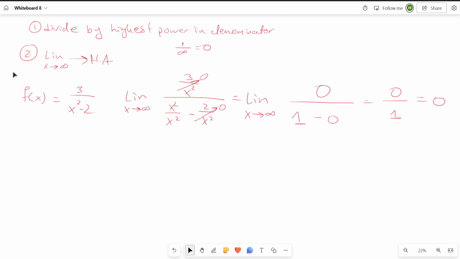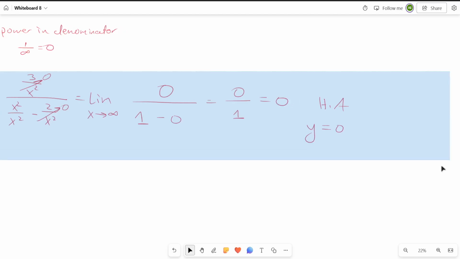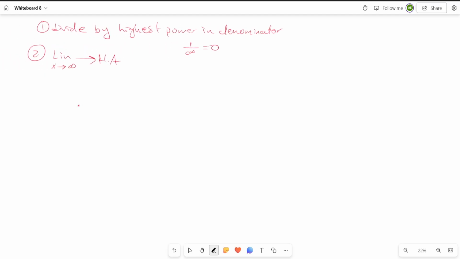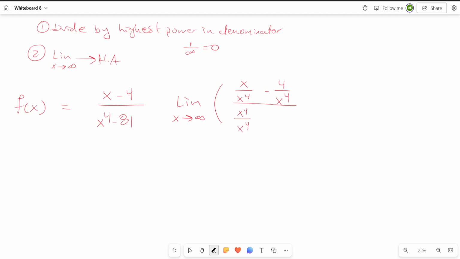Okay, let's take another example. Let's say we have f of x equals x minus 4 over x to the power 4 minus 81. Again, I'll do the same thing. I'll take the limit as x approaches infinity and divide everything by x to the power 4. So this is x over x to the power 4 minus 4 over x to the power 4, over x to the power 4 over x to the power 4 minus 81 over x to the power 4.